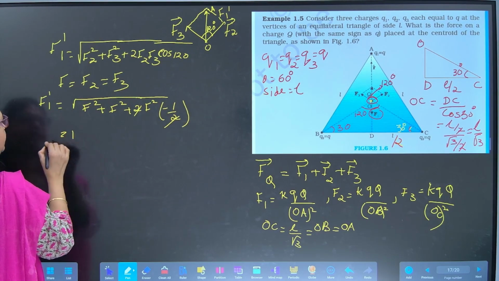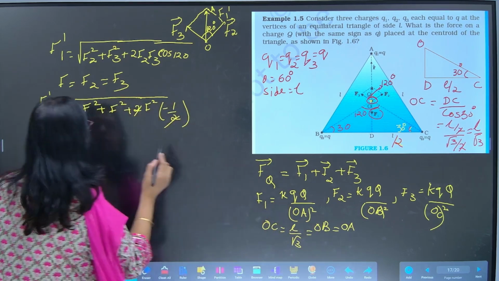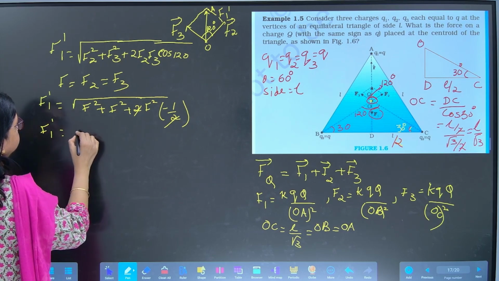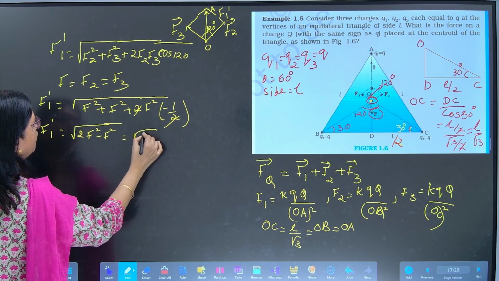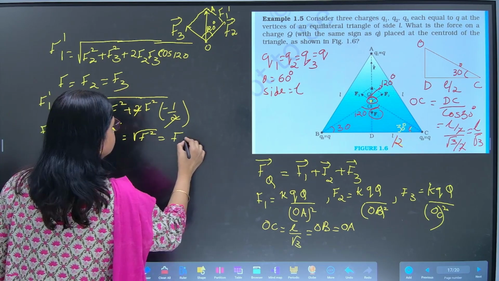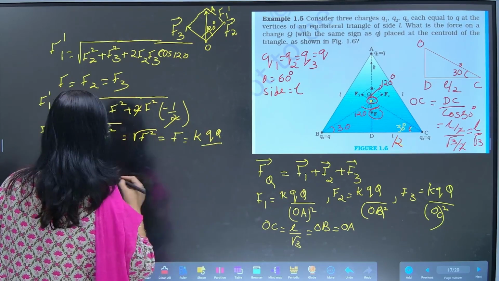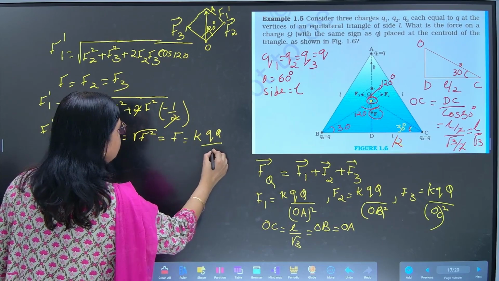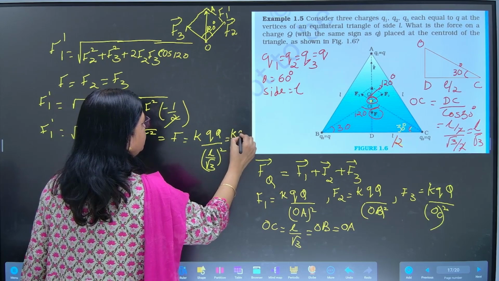So my answer here is F1 dash is equal to root of 2F square minus F square, which is equal to root of F square, which is equal to F itself. What is F? F is F2 or F3, which is given as kQq upon OB or OC, which is L upon root 3 square, which is equal to kQq.